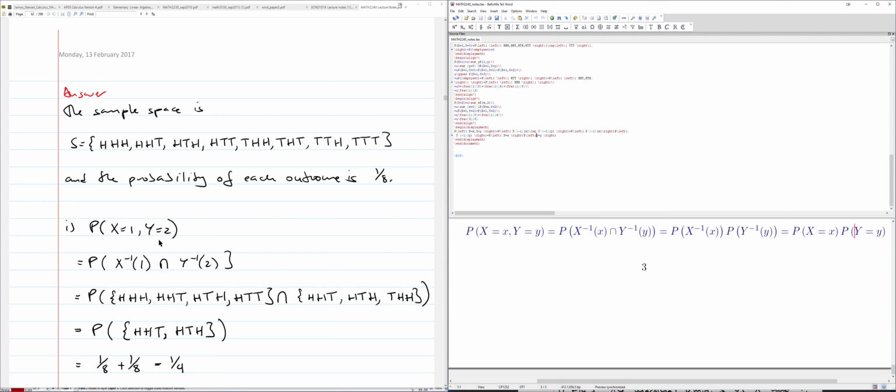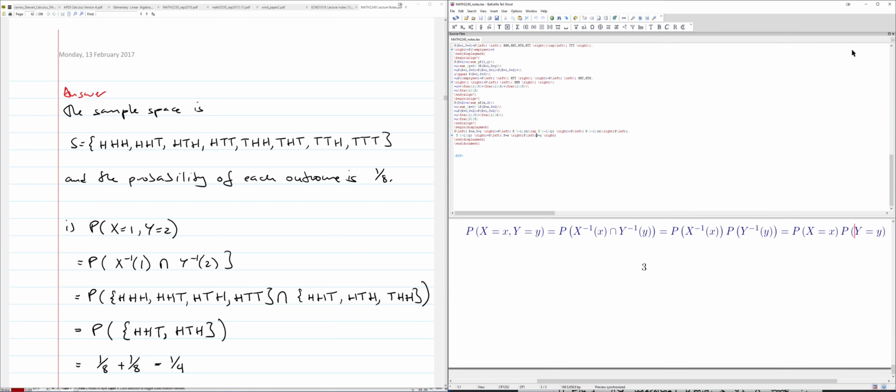This is when you have specific values, but more generally, what you have is this formula over here: the probability x is equal to x, y is equal to y. This x inverse of x is the cases when the random variable big X takes value small x, and this y inverse of y is the cases when your random variable big Y takes value small y. So these are pre-images here, and we just saw an example of this.